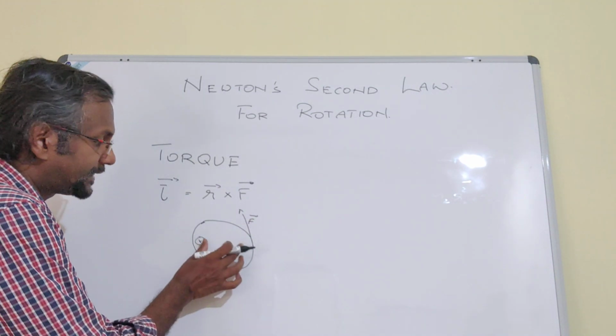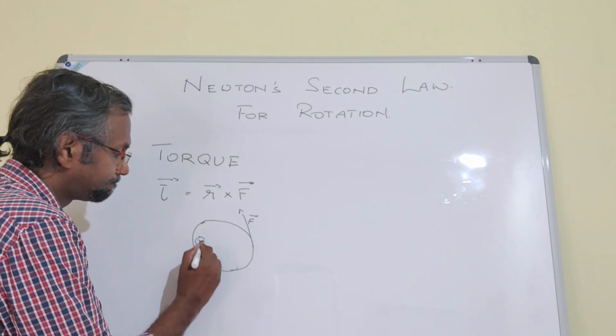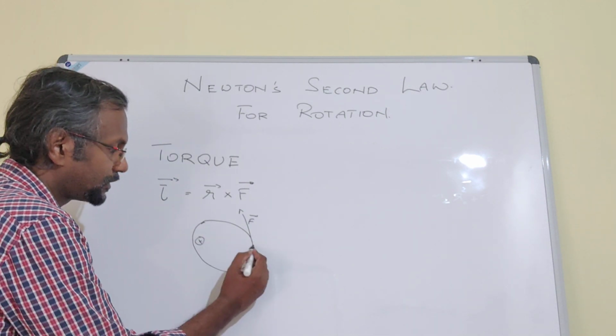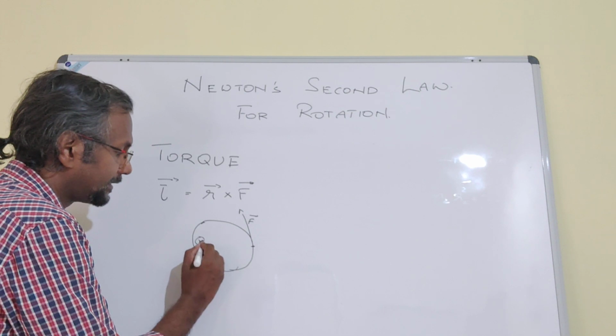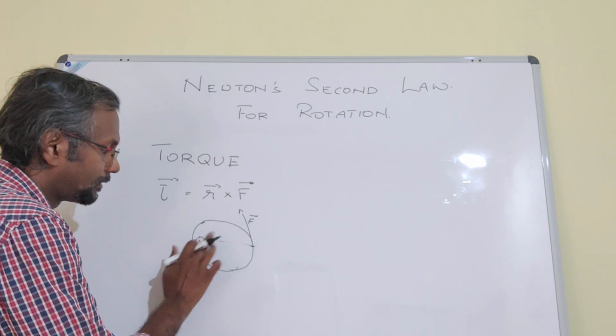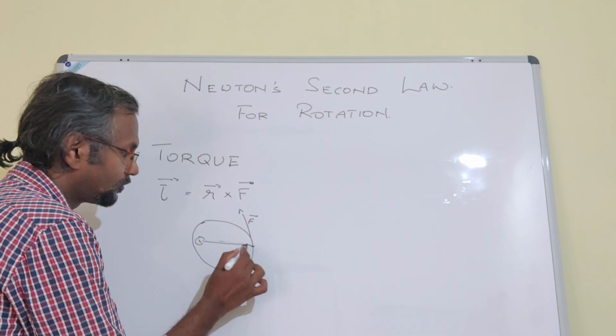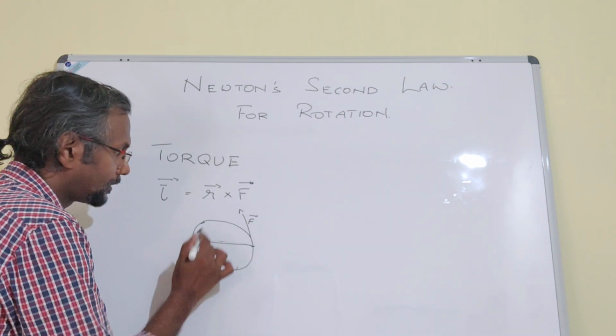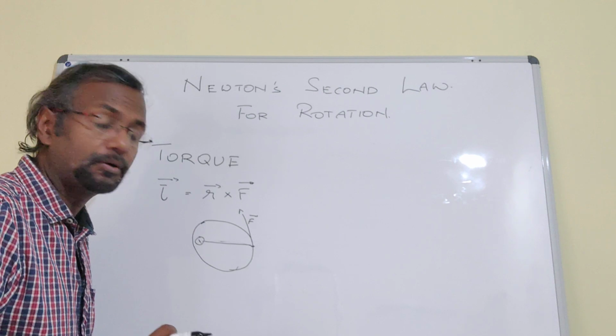We look at the vector R, which is the vector from the axis of rotation to the point where the force is applied. This is the vector R, okay, this is the R that I'm talking about, right?